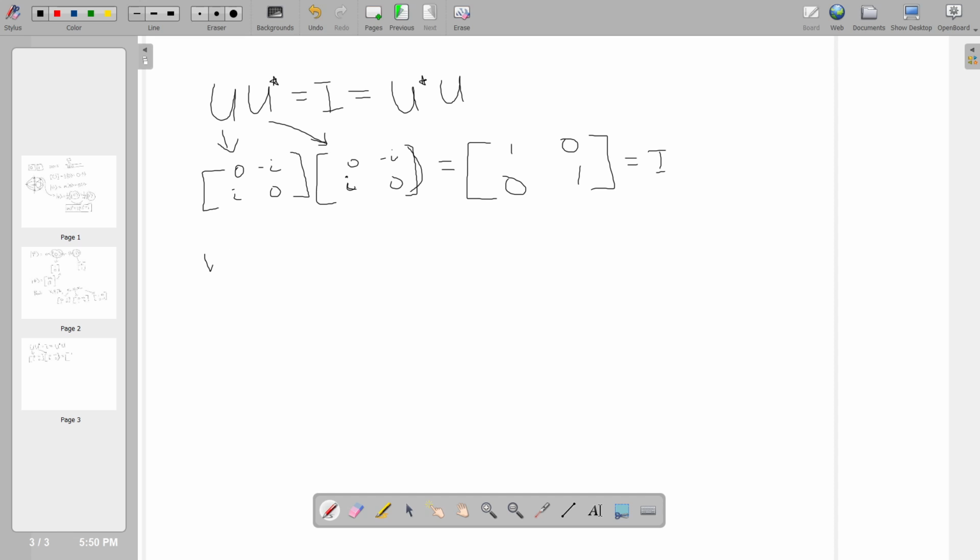So if we have our starting wave function, then we apply a Pauli Y gate to it. If we apply a Pauli Y gate again, we'll get the initial vector back. And so we can undo any operations in that sense.